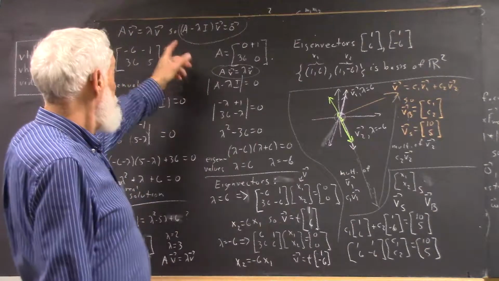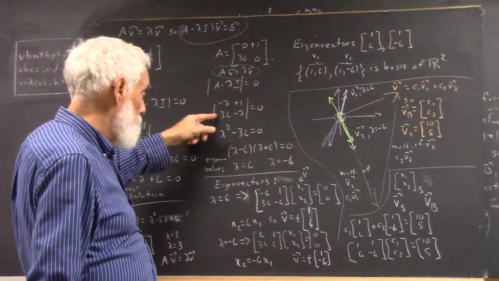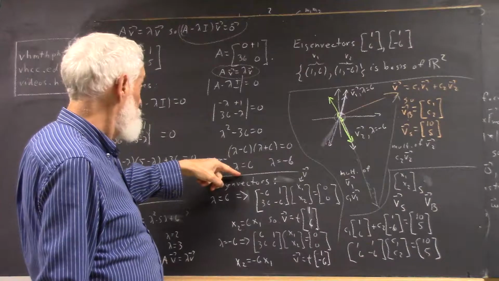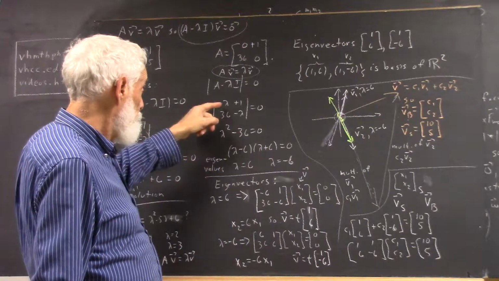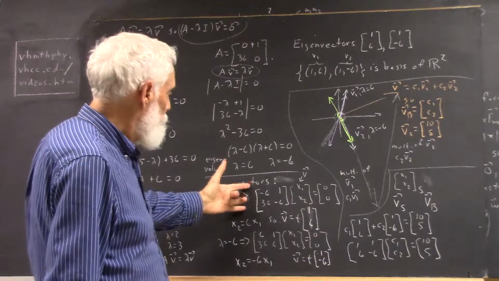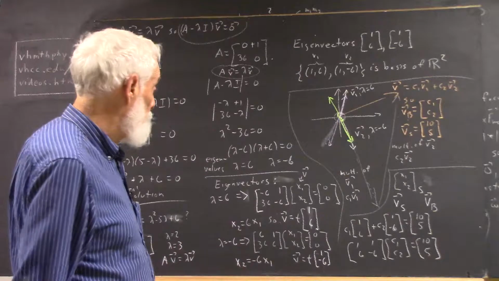Then our A minus lambda I matrix is just this matrix with this value of lambda. Well, lambda is 6, so negative lambda is negative 6, so there's our matrix. Okay, so this matrix times our vector v would have to equal the 0 vector.